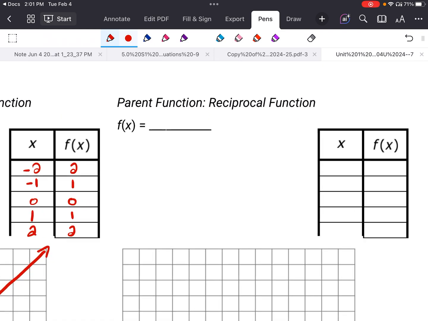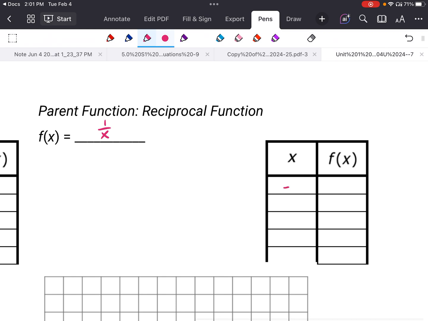And finally, reciprocal functions: 1 over x. This is what we were talking about above. Sorry, I said rational above, I meant reciprocal. So 1 over negative 2 is negative 1/2, negative 1. You can't have 1 over 0.